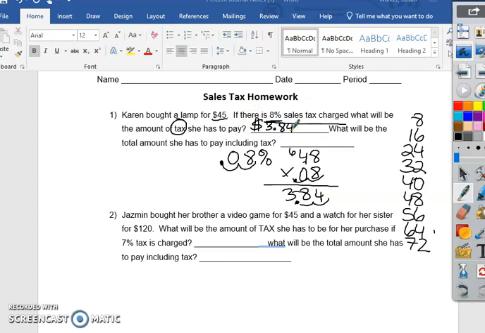Now the next question says, what will be the total amount she has to pay, including the tax? So when we go to the store, we don't just pay the $45 and we don't just pay the $3.84. We pay both. Now, when we go to write this down, guys, you have to watch that decimal, okay? So 45, I don't see a decimal, so it's at the end.